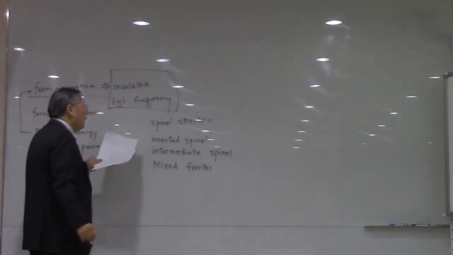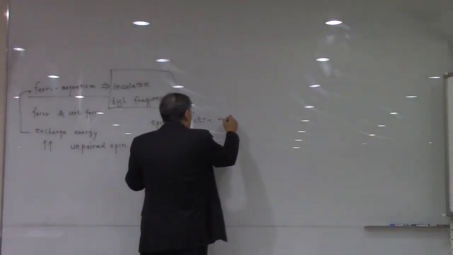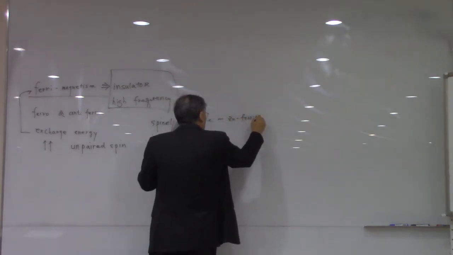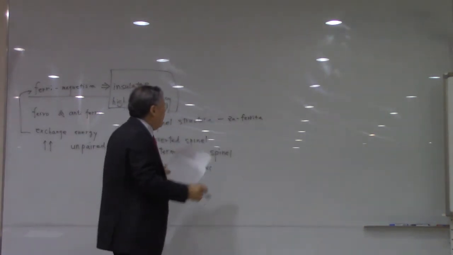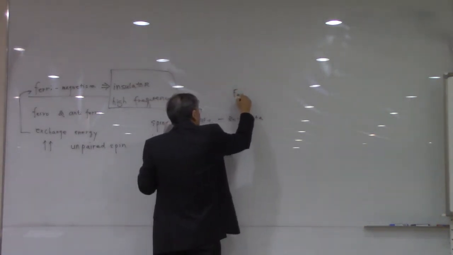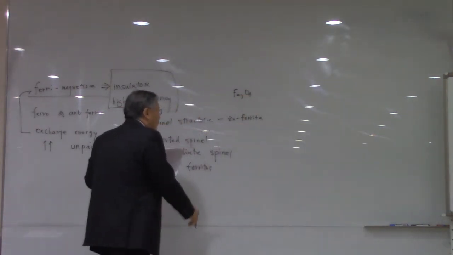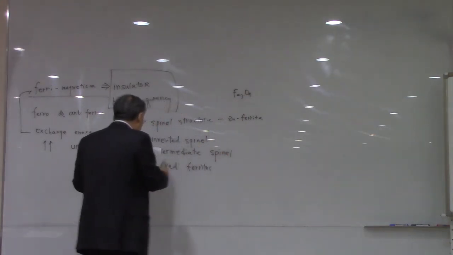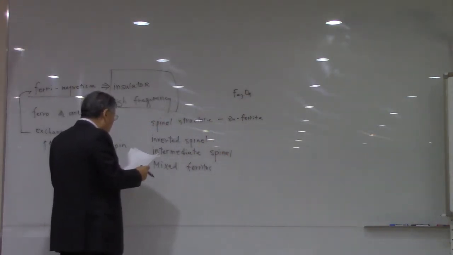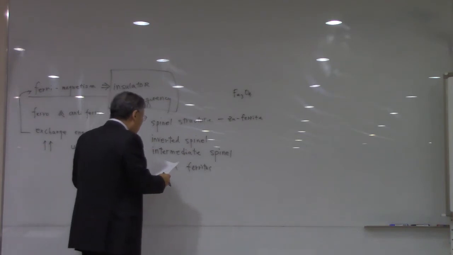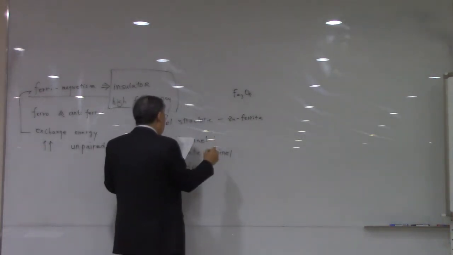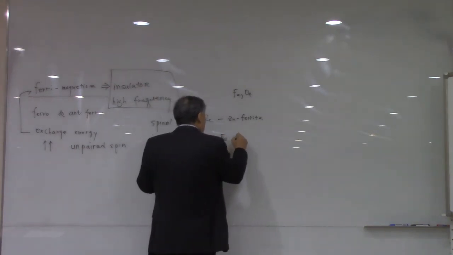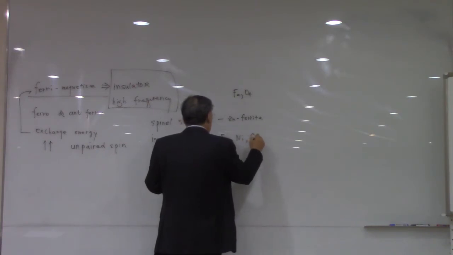The normal spinel structure, the example of this is zinc ferrite. When you say ferrite, it means Fe3O4, okay? So zinc ferrite means ZnFe3O4, something like that, okay? Inverted, let me give you the example of this. Inverted spinel: iron ferrite, nickel ferrite, and cobalt ferrite.